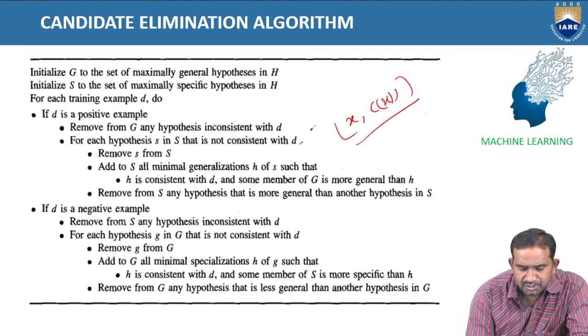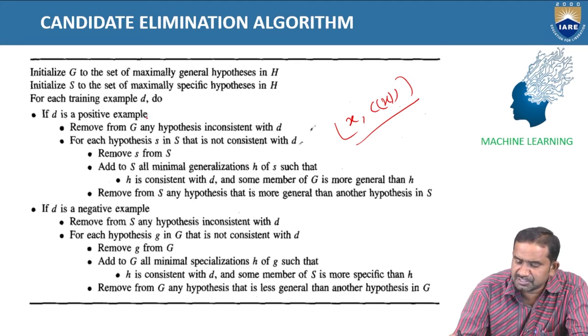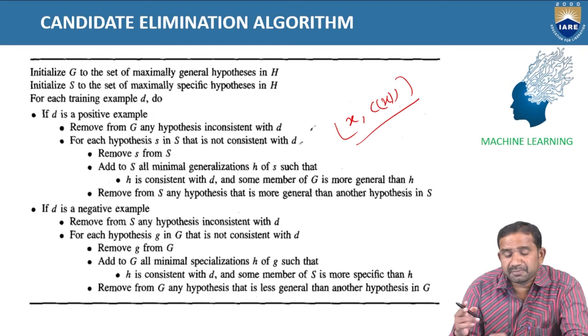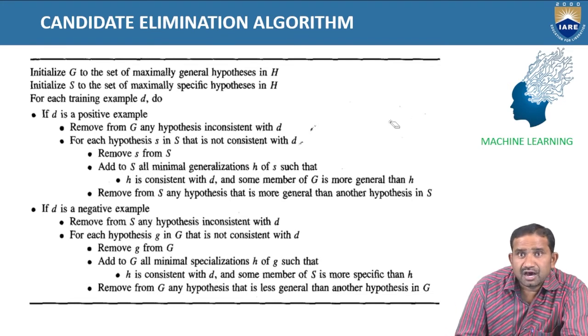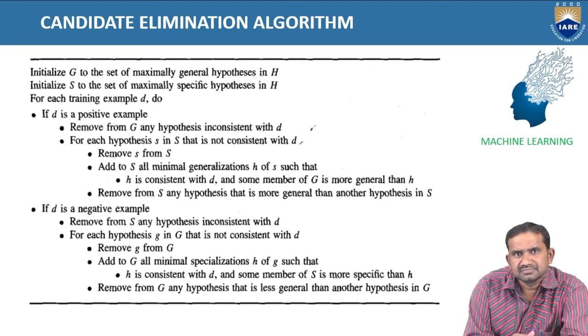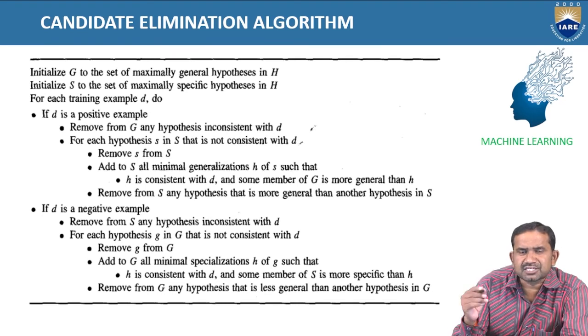If D is a positive example, meaning the training example is positive, how can we decide whether it is positive or negative? Let us take an example: enjoy the water sport, enjoy the sports or not, based on various parameters.